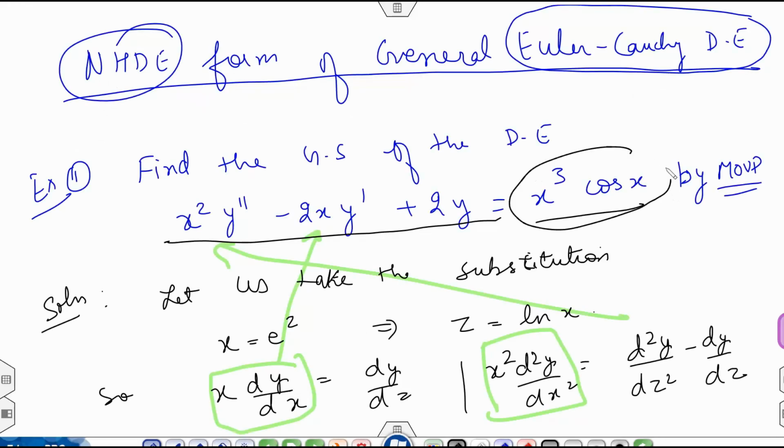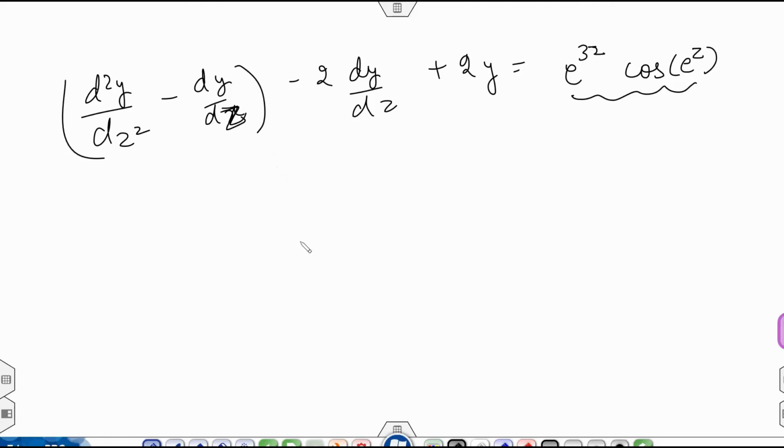Here you need to put x as e to the power z. So we have changed the entire equation into the variables y and z. Here we don't have x in this equation. We have changed the independent variable x to the independent variable z.